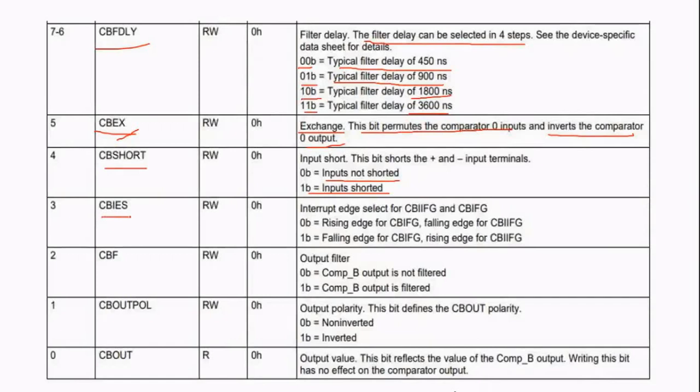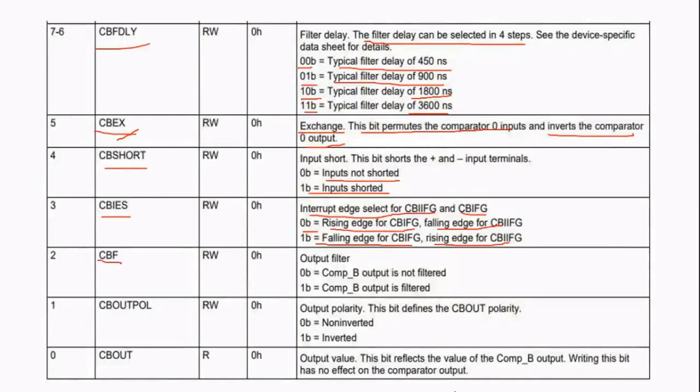Now come to the CBIES, interrupt edge select for CBIFG and CBIIFG. If it is 0, it means the rising edge for CBIFG and falling edge for CBIIFG. If it is 1, falling edge of CBIFG and rising edge of CBIIFG.